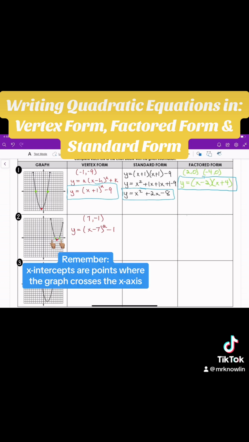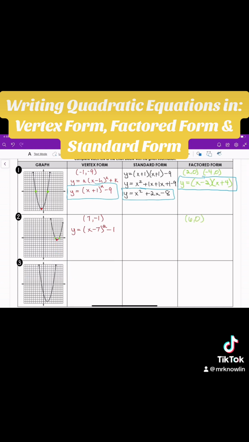One of our x-intercepts is 6, 0, and our other x-intercept is +8, 0. When we go backwards, we would write it as y equals (x minus 6)(x minus 8). Now, if we wanted our standard form, we could simply simplify either the vertex or the factored form.